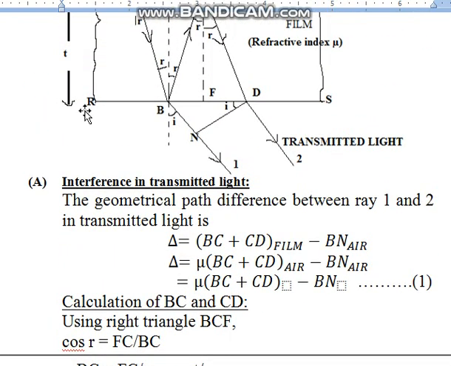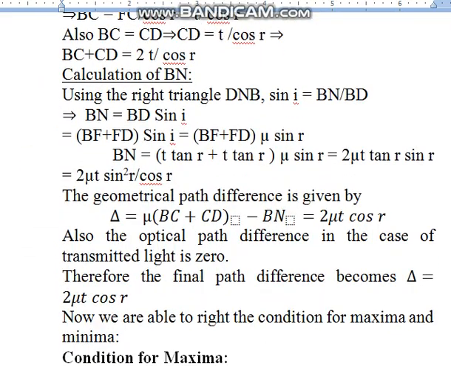BD is this arm, which may be written as BF plus FD. So we write BF plus FD and sin I. You can use Snell's law, mu is equal to sin I upon sin R. So sin I may be written as mu sin R.